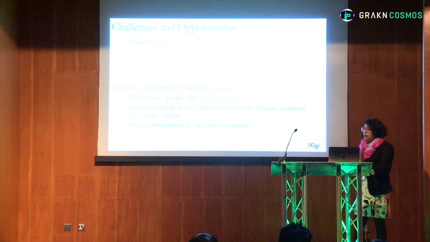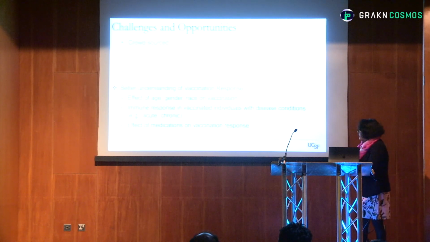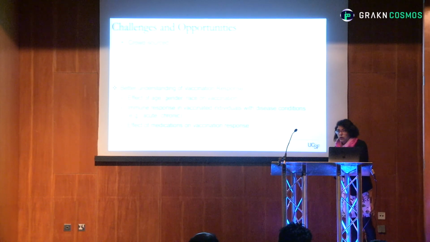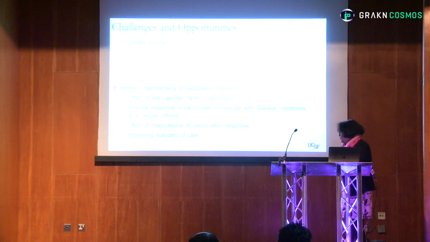That group of cohorts was excellent for addressing these questions, but I need a tool which will help me ask these kinds of questions. At the end, the overarching goal is to improve the standard of care.